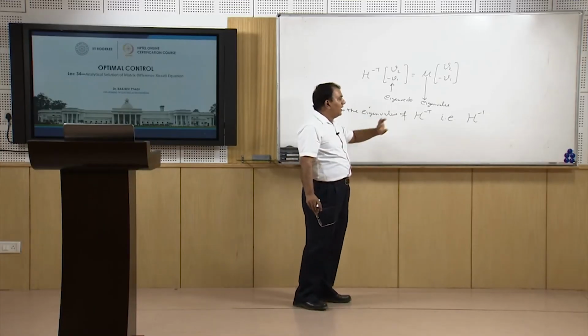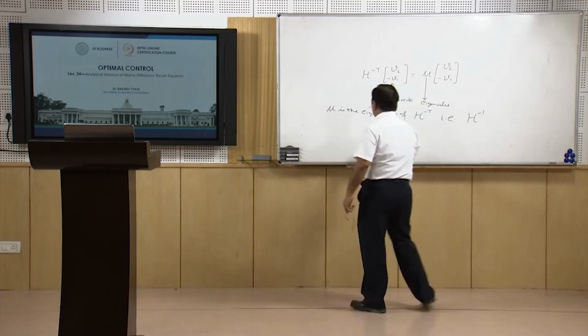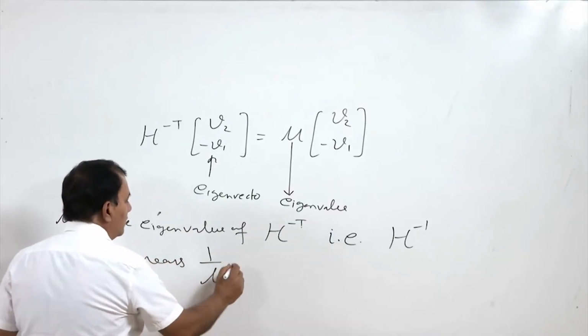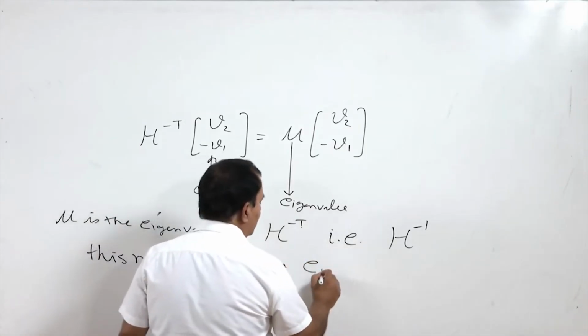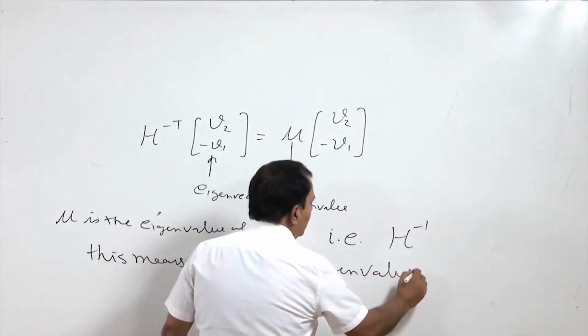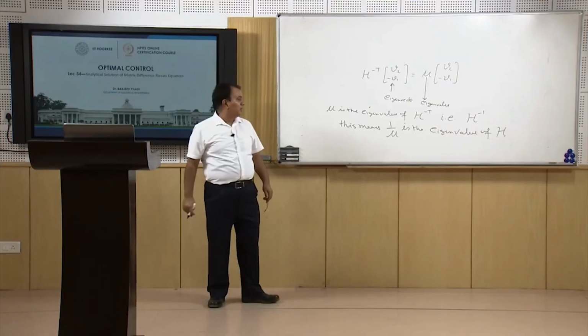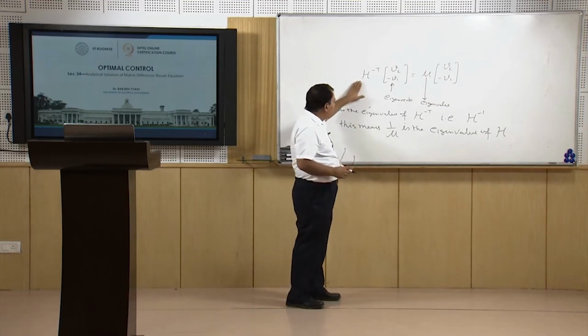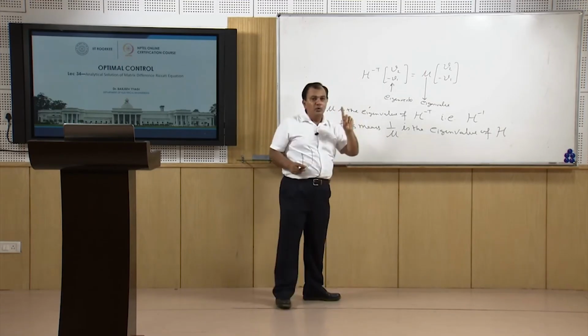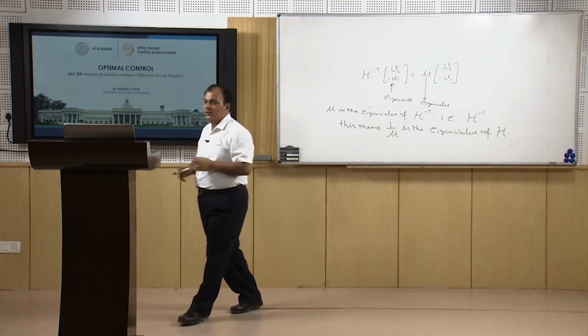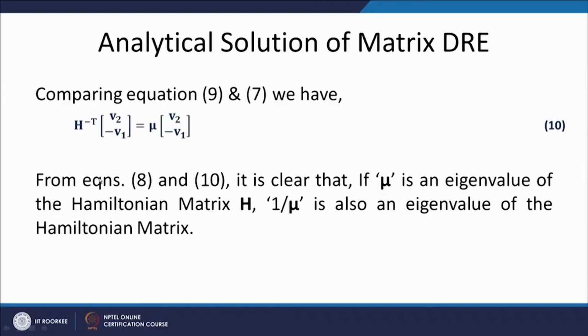If mu is one eigenvalue of the H inverse, this means one upon mu is an eigenvalue of H. By this observation we can say that if mu is an eigenvalue of the Hamiltonian matrix H, then 1 upon mu is also an eigenvalue of the Hamiltonian matrix H.